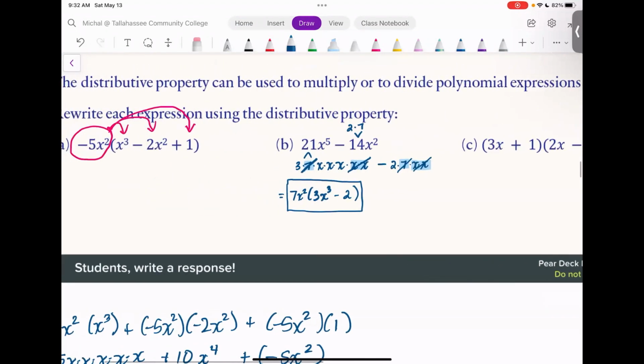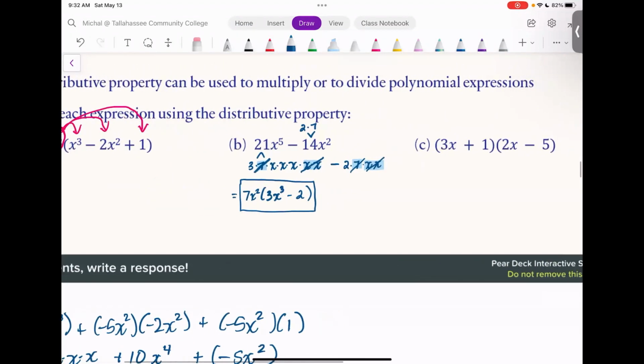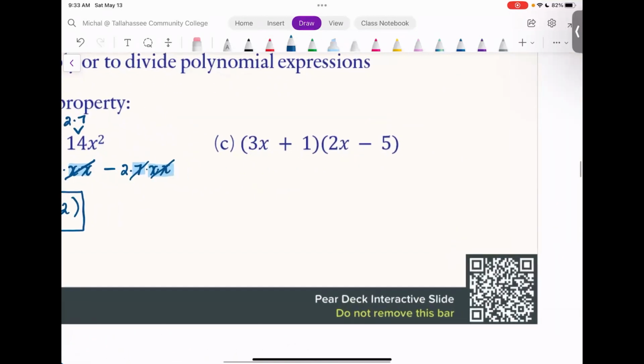Last but not least, the distributive property can be used multiple times if I have more than one term in my factor. So part C, I'm going to apply the distributive property first. By considering this entire group, I'm going to apply the distributive property to multiply it by 2x, and then I'll multiply the entire group by 5.